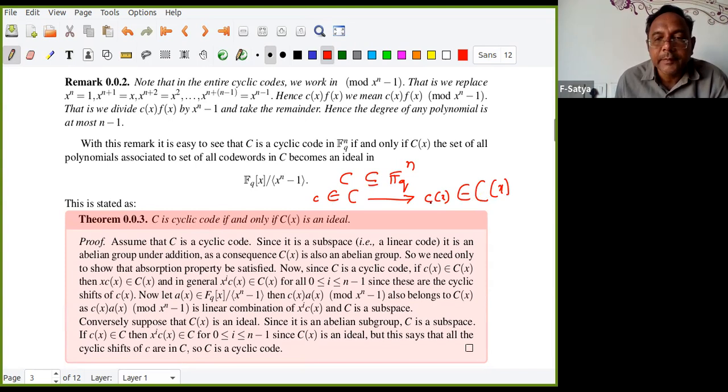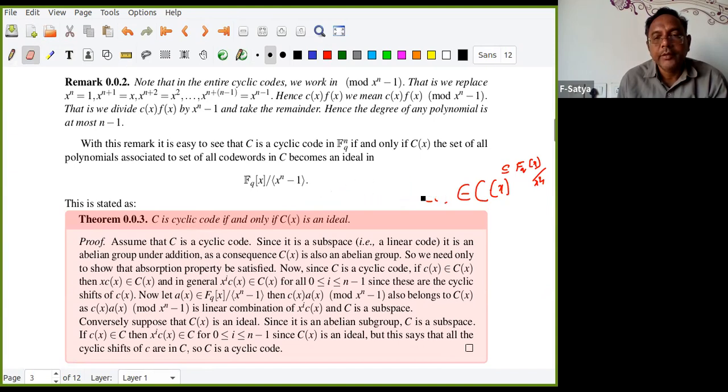Is this part clear? For each codeword there is a polynomial, so if I collect all codewords, that is capital C. What is C(x)? All those polynomials. Now this is a subset of Fq[x]/(x^n minus 1). So C is a linear code, and this is an ideal. That is what this theorem says. Any questions?